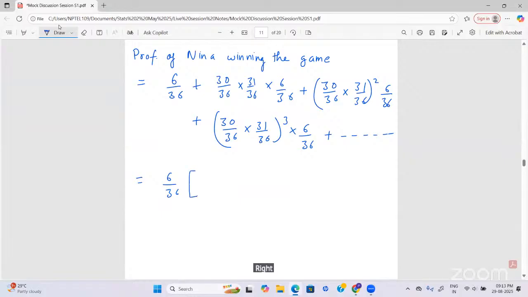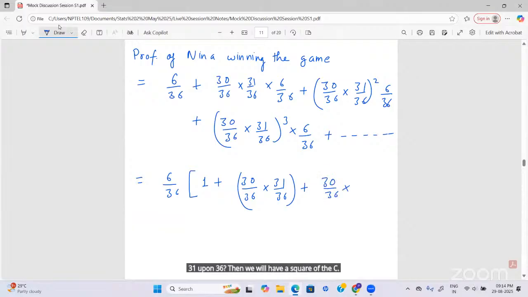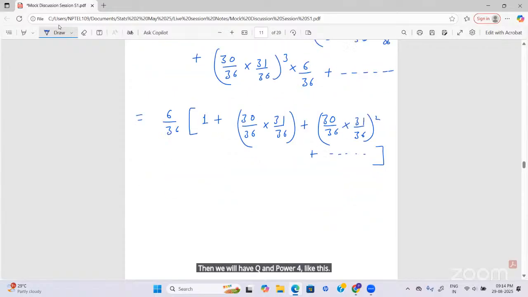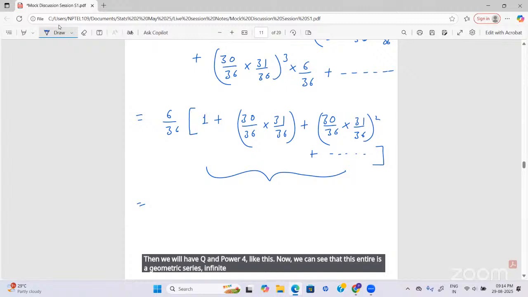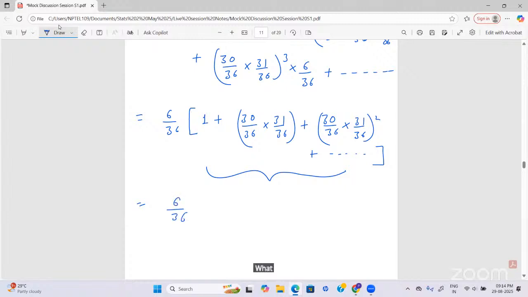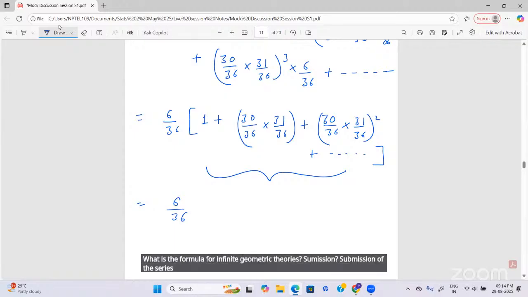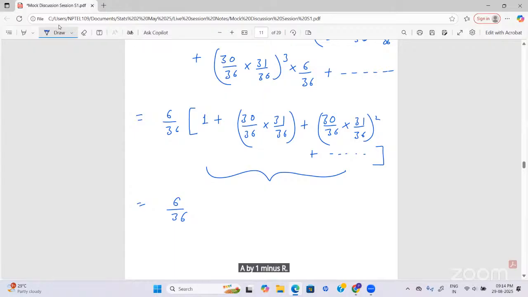Then it will be 1 plus 30 by 36 times 31 upon 36, then we will have the square of the same, then the cube and power 4, like this. Now we can see that this entire thing is an infinite geometric series. What is the formula for the summation of an infinite geometric series? A by 1 minus R.